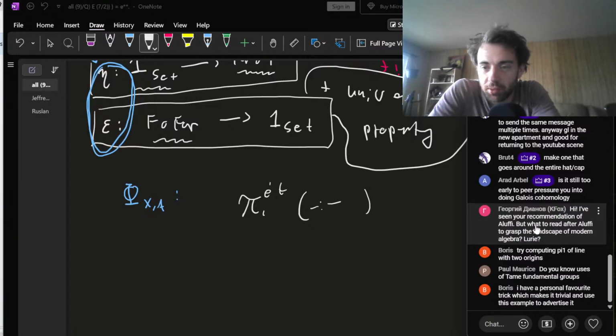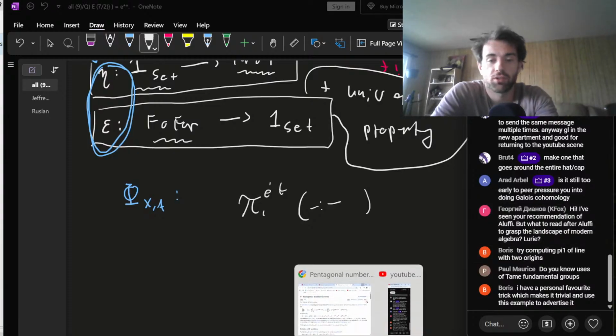You've seen my recommendation of Lefschetz, but what to read after that to grasp the landscape of modern algebra? That's a good question. Well, papers. Number one, you should be reading papers.